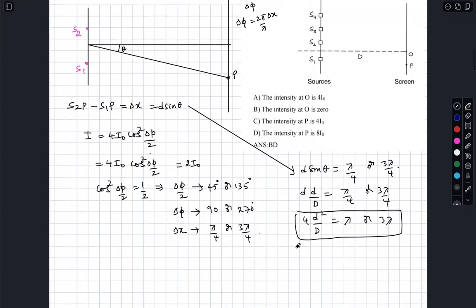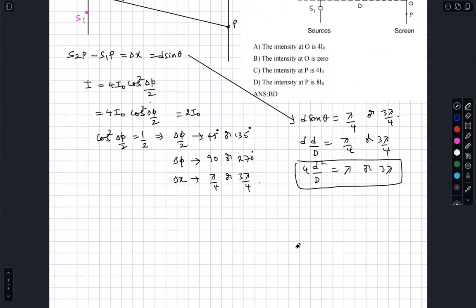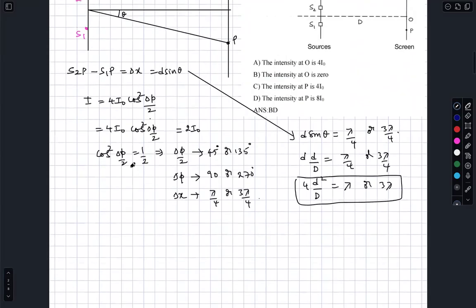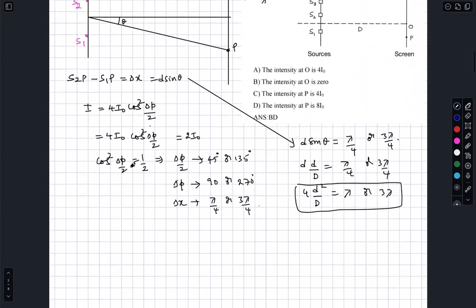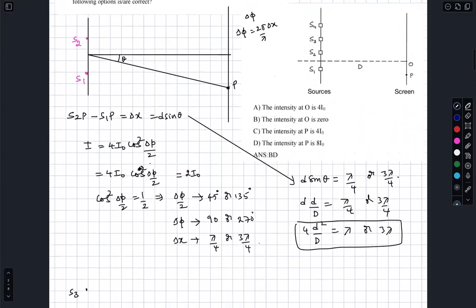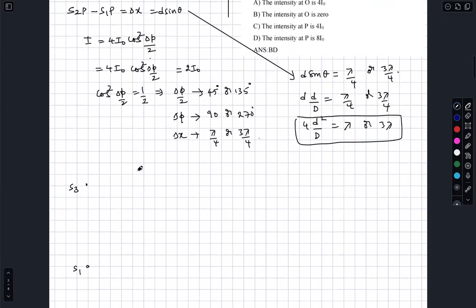Right. Now, the way I have done the previous question, we will work in the same way. Now S1, S2, you have a clear idea. Let us take S1, S3. Here is our point P, and this distance is 2d.